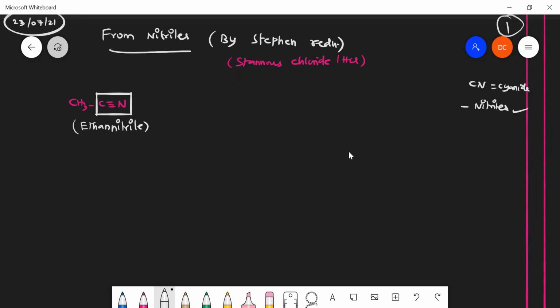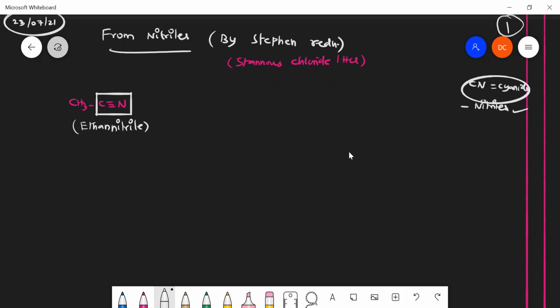Because there's a linkage with hydrogen and carbon, sir. Hydrogen and carbon. Okay, so where is the carbon and hydrogen bond? Whether this carbon or this carbon? The carbon of the CN group, sir. Where does it have a bond with the hydrogen?